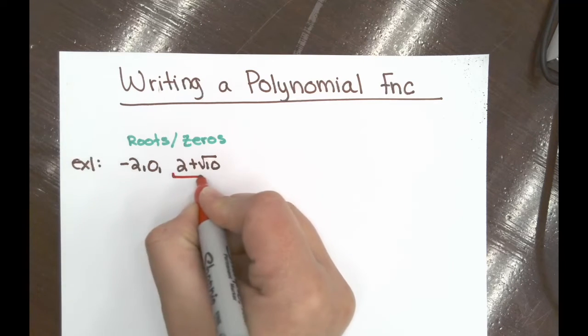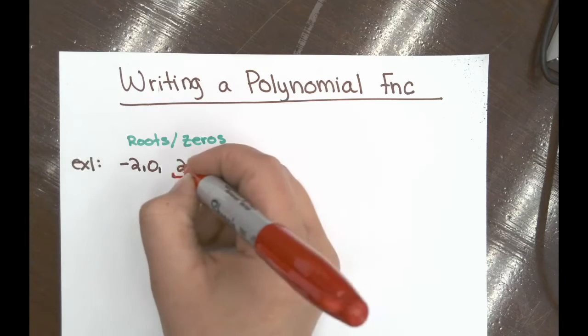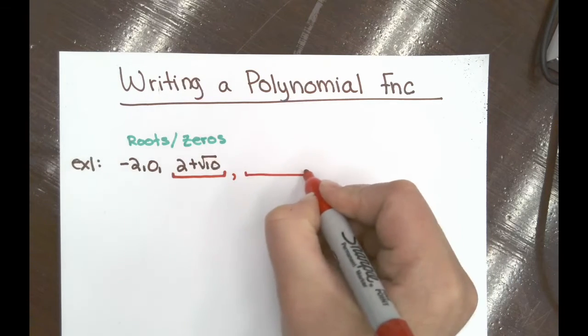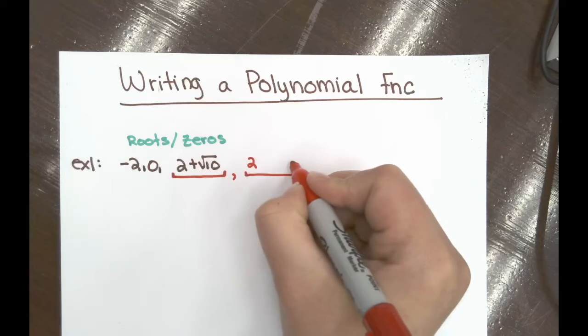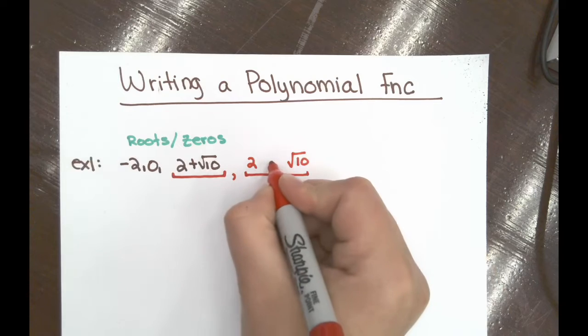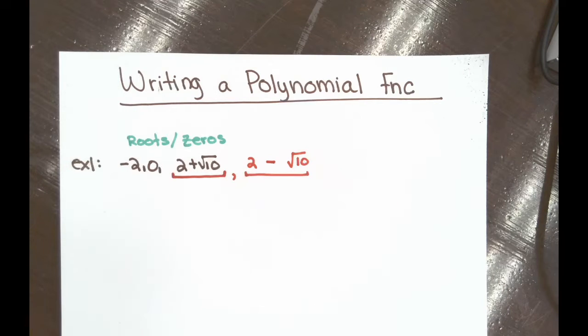So this guy right here is a positive version, so in the middle we need to write its conjugate. A conjugate means you copy down the first term and the last term, and the only difference is you change the symbol in the middle. That is called a conjugate.